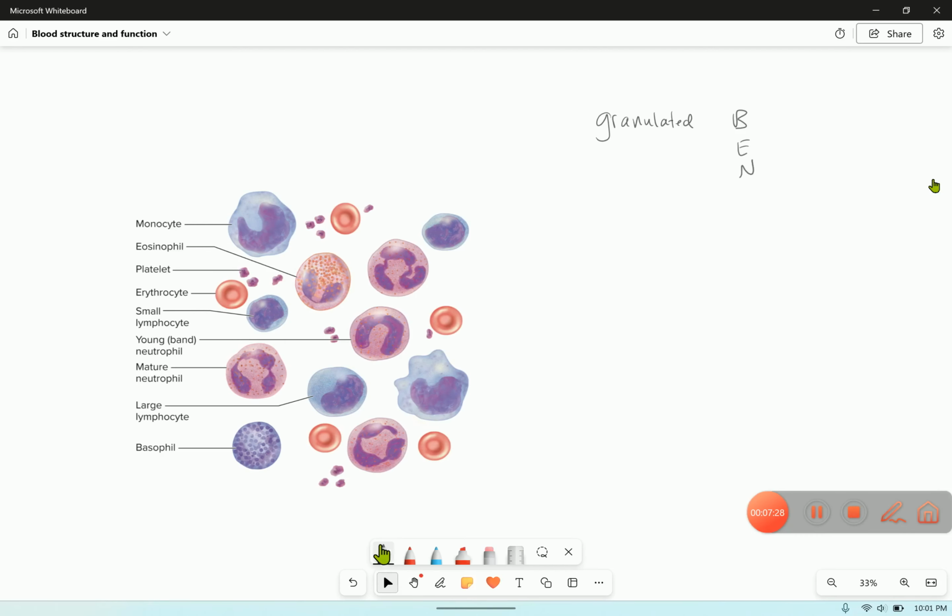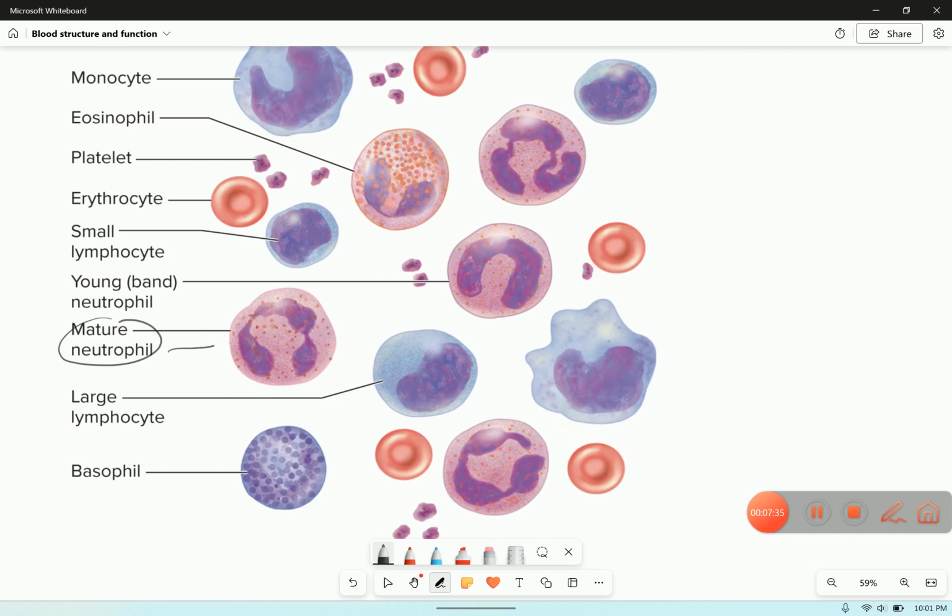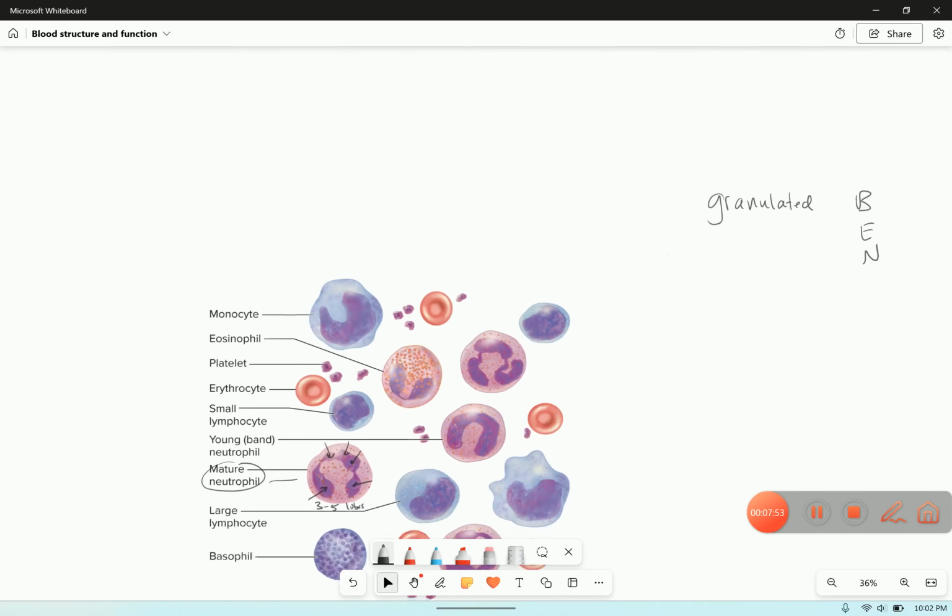Okay, the neutrophils, they are 3 to 5 lobes. That's one way to identify them under a microscope. Okay, so they have 3 to 5 lobes, and they are also the first responders, and they have granules.